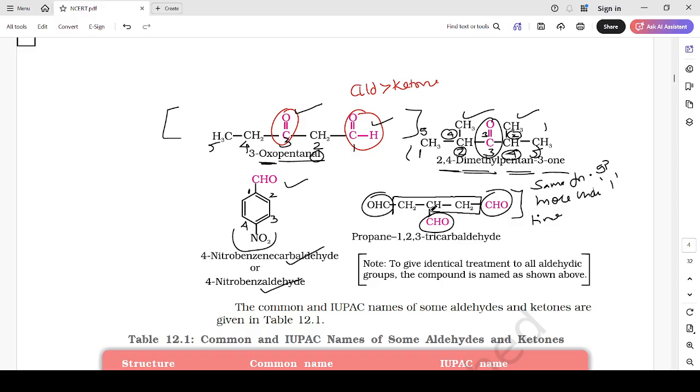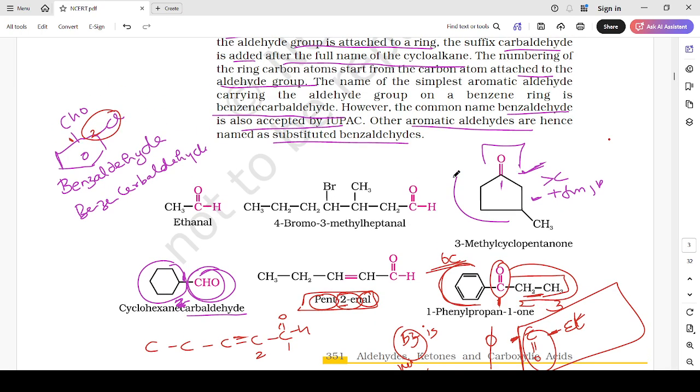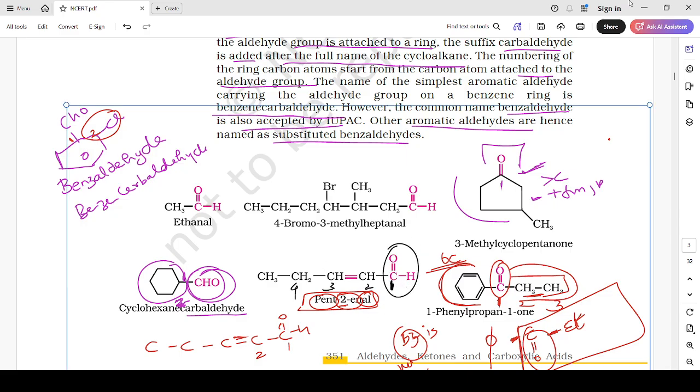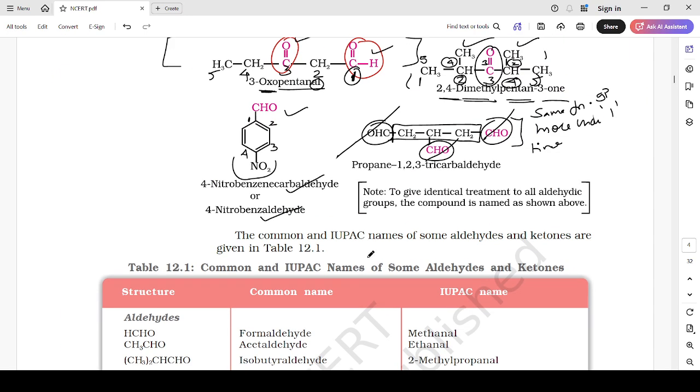Choose your parent molecule. Leave out the numbering here. In all the places you mentioned 1 for aldehyde. Correct? Look at this. In all the places, we said 1, 2, 3, 4. I included aldehyde as 1. But this is the first time you are seeing we are not including aldehyde as 1.